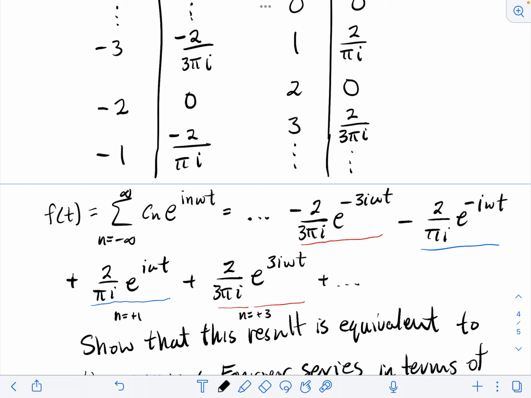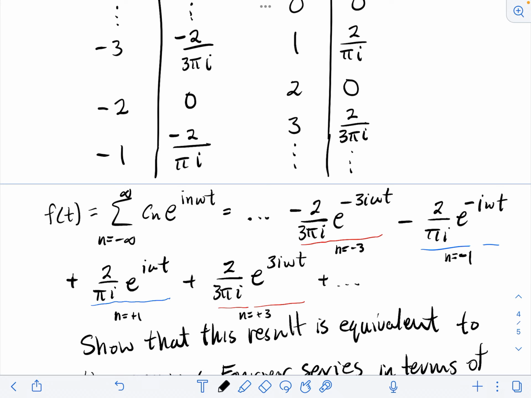Here's the n equals minus 3 term and the n equals minus 2 term. Sorry, that's the minus 1 term. And so these would be the negative frequency terms because we have e to the minus 3i omega t and e to the minus i omega t.